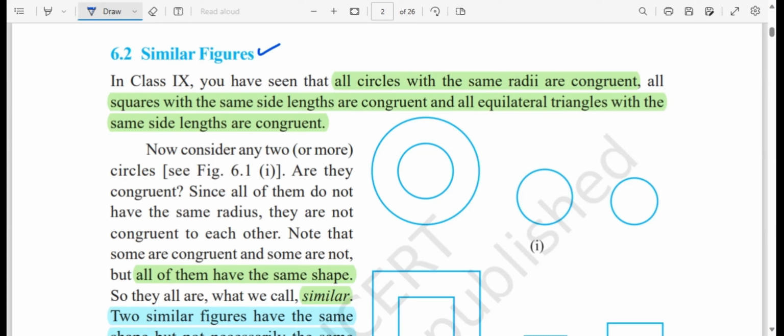In the first video of Unit 6 we discussed the difference between congruent and similar.